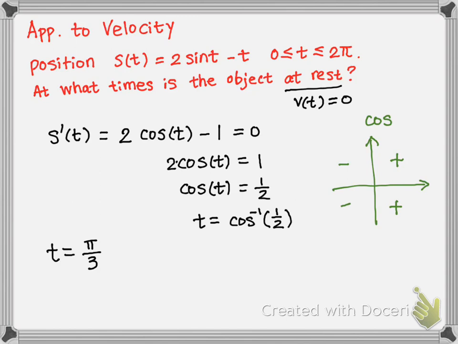Right now, we have 60 degrees, okay, so right here, 60 degrees or pi over 3, that gives you 1/2. It also tells you that on the fourth quadrant, you also will get the answer. So you get another angle.